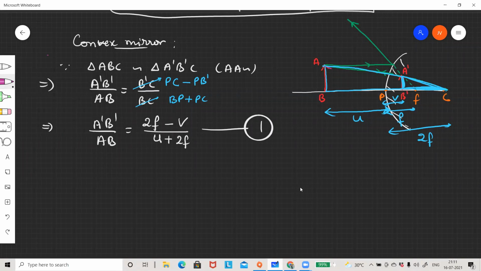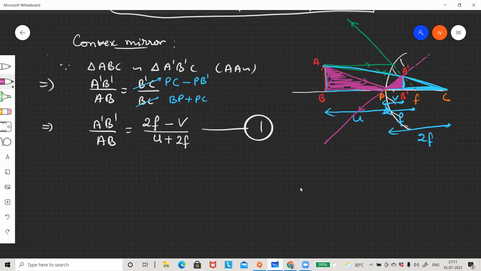Say I go for one ray at the pole, reflected, and I just take this back. Then what triangles will I get? I'll get the triangle A prime B prime P and ABP. I'll get these two triangles.